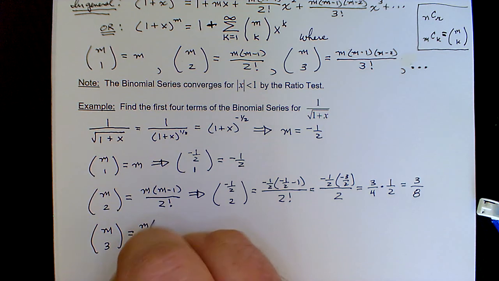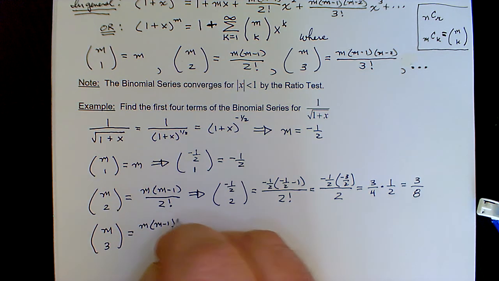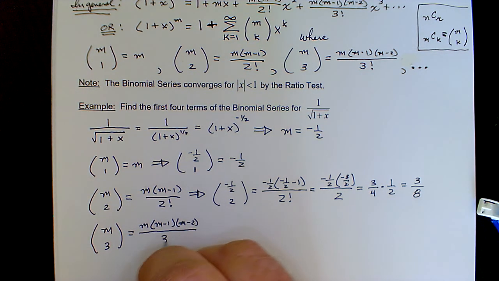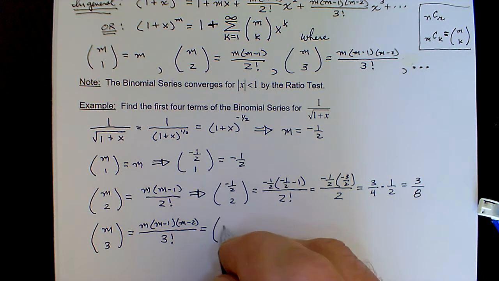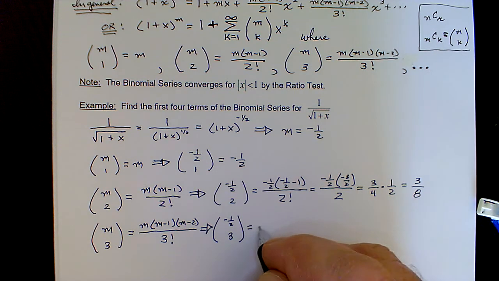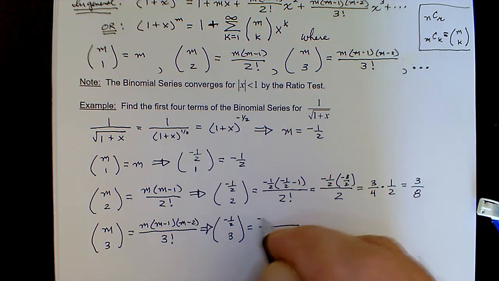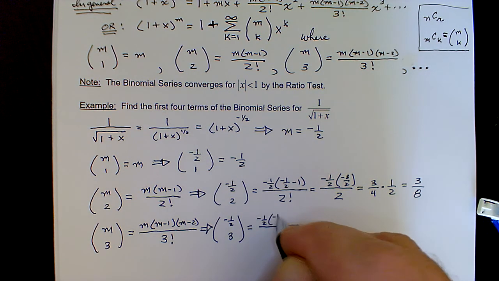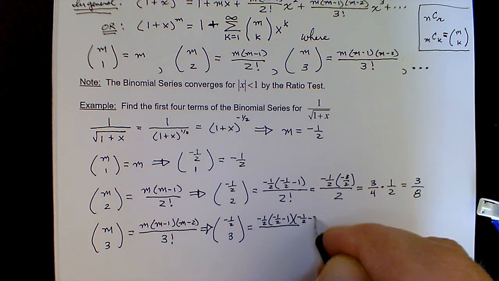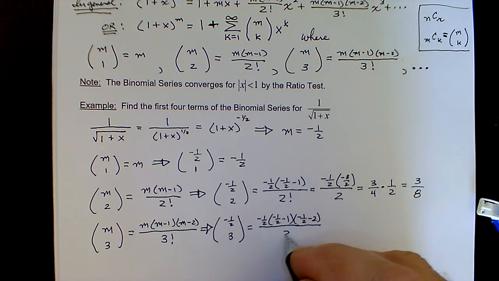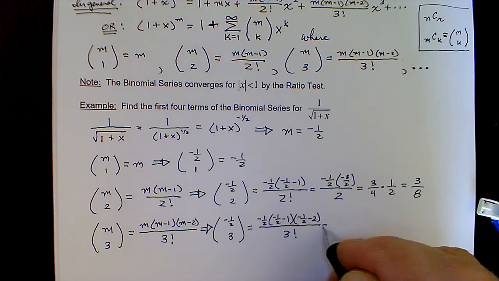And so formally m times m minus 1 times m minus 2 over 3 factorial, giving us, for our case, negative 1/2 choose 3 is going to be minus 1/2 times minus 1/2 minus 1 times minus 1/2 minus 2 all over 3 factorial.